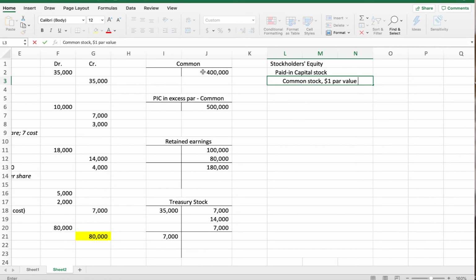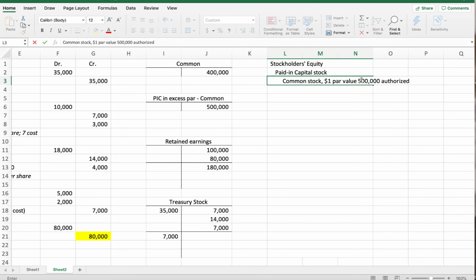How many shares were issued? Well, if we look at the problem, okay, so we have 5,000 shares that were authorized.